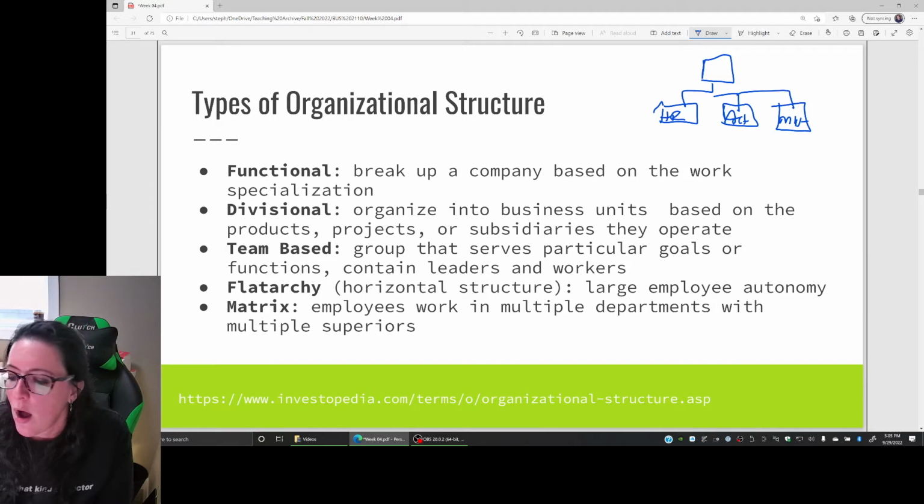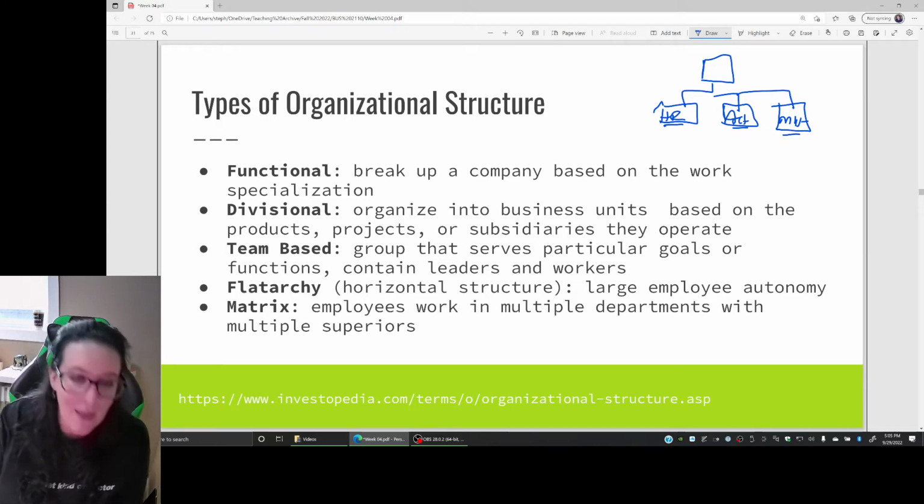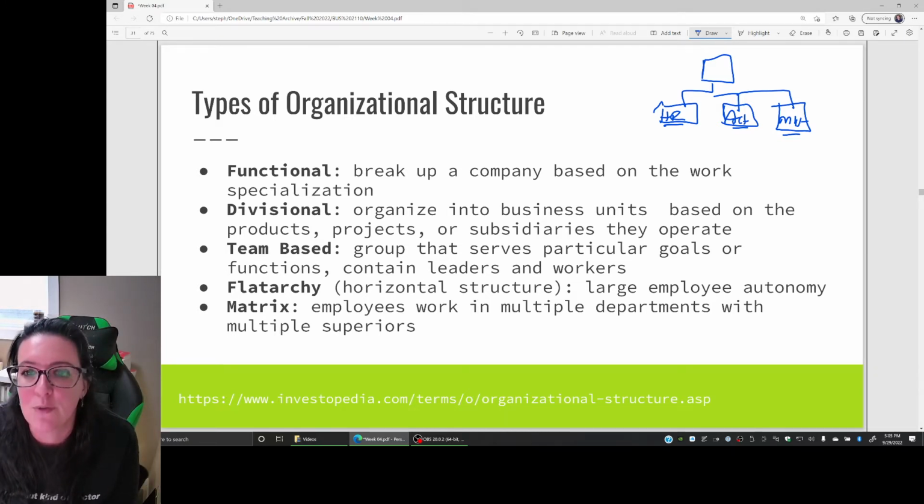And so you can see there is that chain of command, and that chain of command runs through the functional areas. Alternatively, we could have a divisional organizational structure, in which case, instead of saying HR, accounting, and marketing, these would be specific projects or products that our company produced. So you would report to a manager who was making a particular type of good.